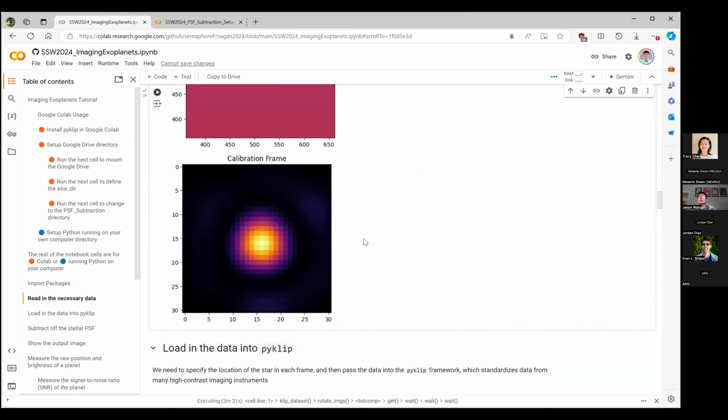But I believe this again is a case where, if they're not in the default case, all of the values should already be specified for them. So there's nothing they need to change the first time around when they're running the notebook.